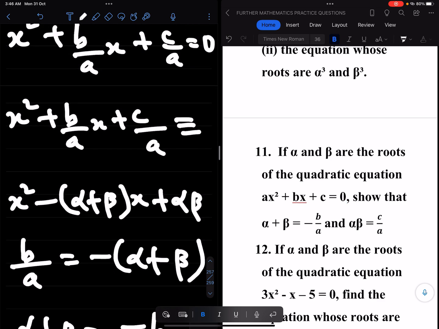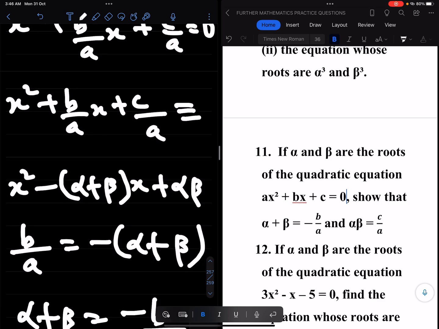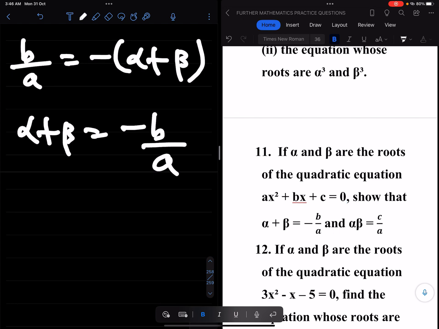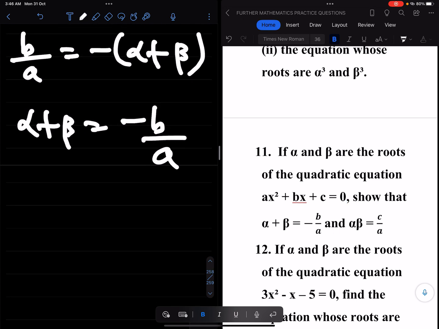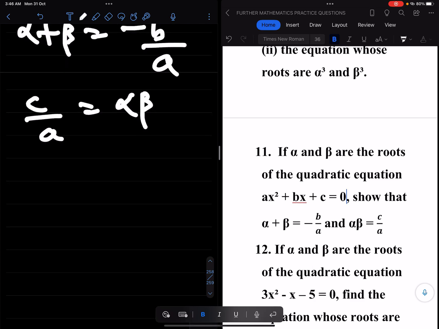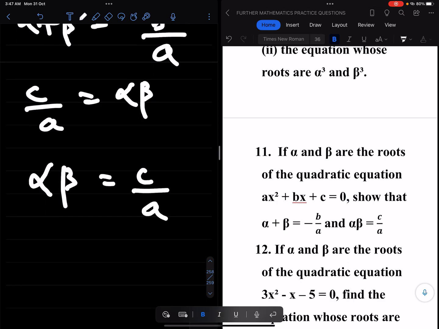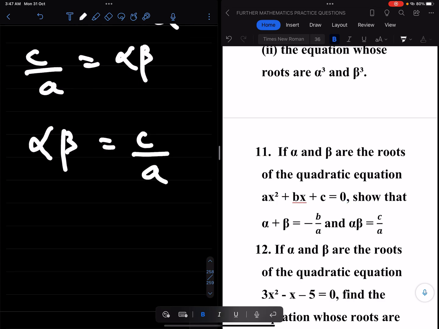Comparing the constants, c over a on the left hand side and alpha beta on the right hand side, alpha beta equals c over a. And that's what we were asked to show.